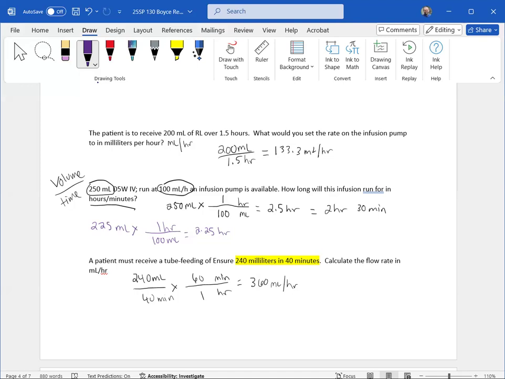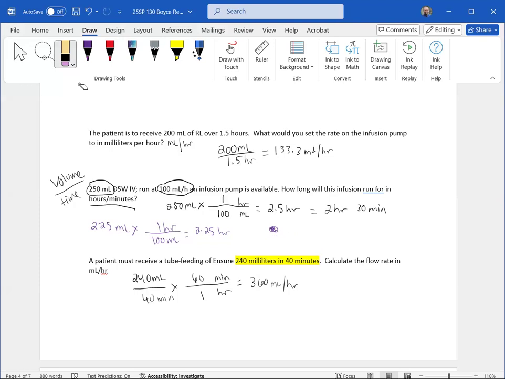But if you ever get to an answer like this and you're not sure how to solve for the minutes, what you can do is take whatever's in the decimal, 0.25... Let me erase, since I'm getting ahead of myself.